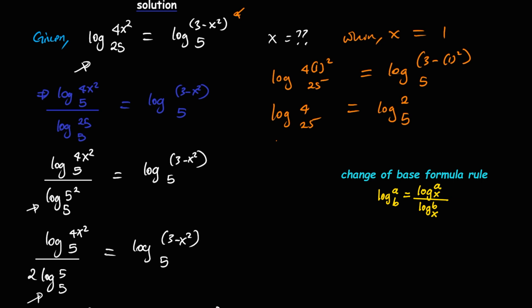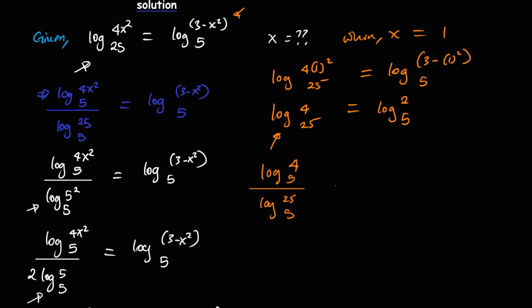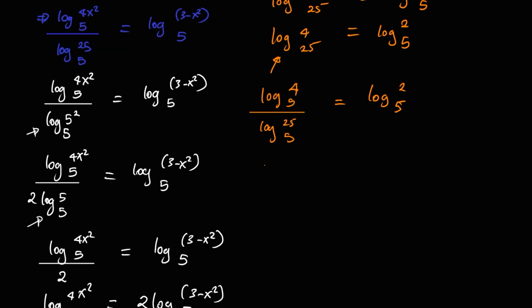Using the change of base formula rule, let's introduce a base of 5 in this logarithm. So we will have log of 4 base 5 divided by log of 25 base 5, and this should equal log of 2 base 5. But 4 is the same as 2 squared, so we have log of 2 squared base 5 divided by, 25 is the same as 5 squared.